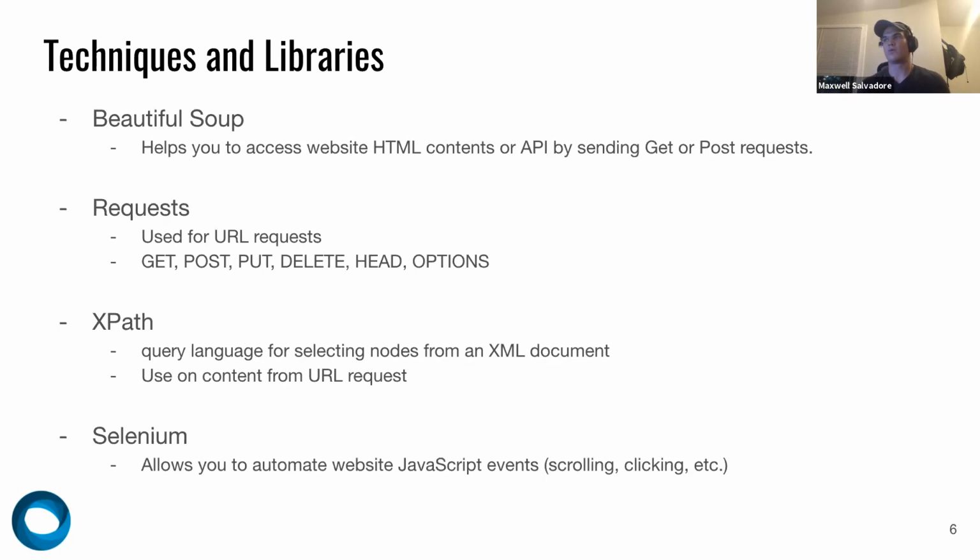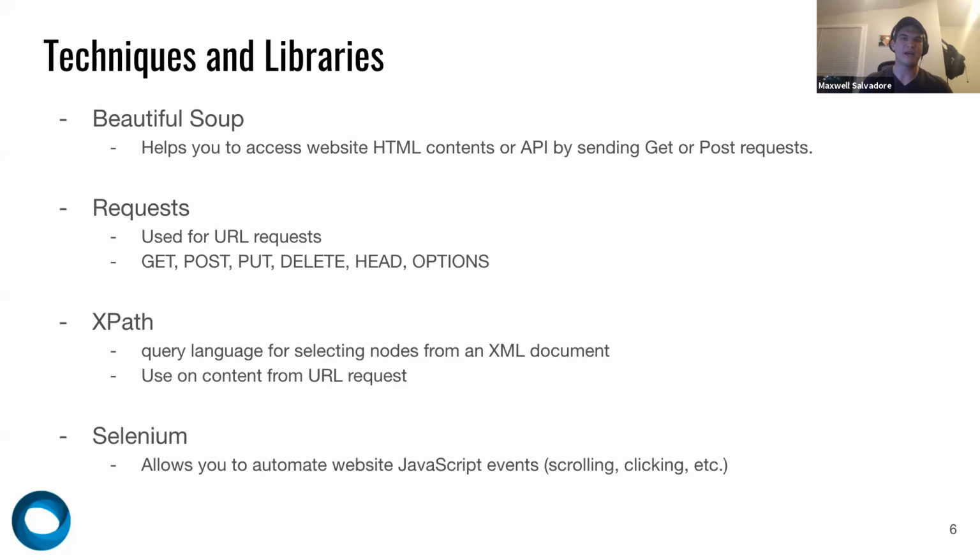And so if you're working with web scraping, typically you'll be using a number of these, but not all of these at the same time. So either you use requests and Beautiful Soup together in order to pull the website's code and then look through the code. Or you just use Selenium on its own if you want to make something that's a little more dynamic and is able to perform tasks like a human would. For example, if you want to get responses from a form and you need to click submit on a form, you may use Selenium.